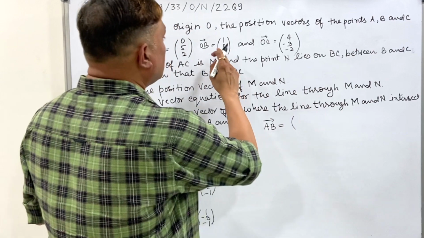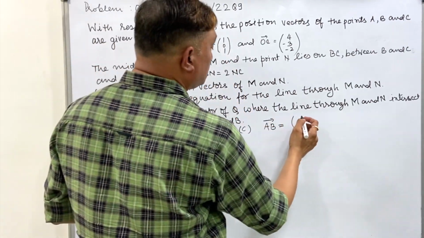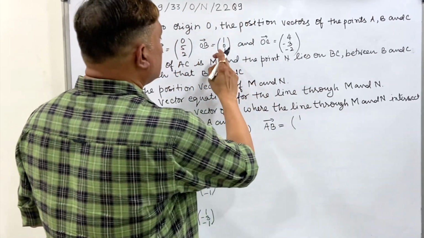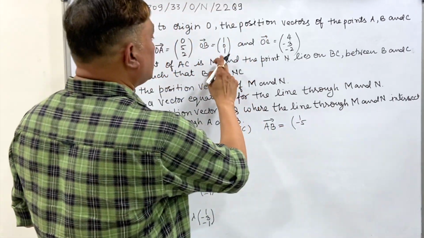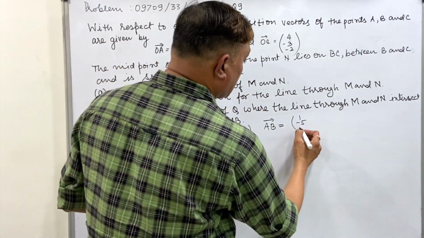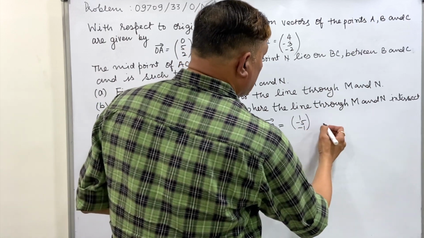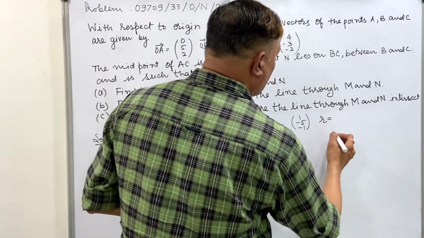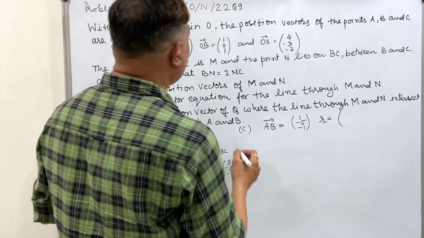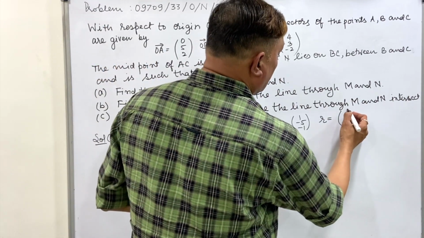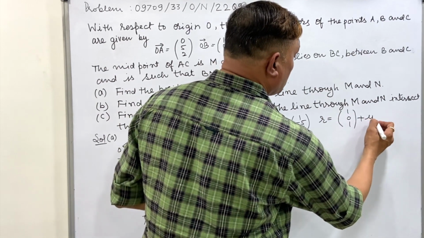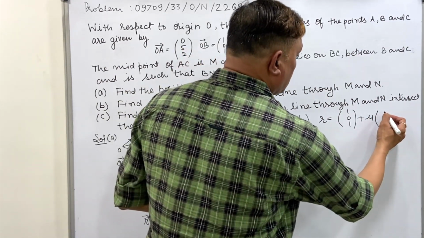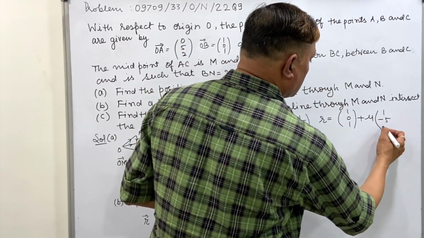So here 1 minus 0 would be 1, 0 minus 5 would be -5, and 1 minus 2 would be -1. So now the equation of line would be (1, 0, 1) as a position vector plus mu times (1, -5, -1).